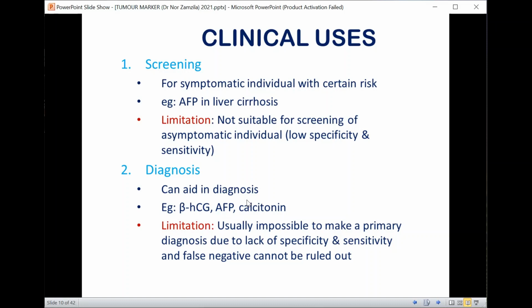So these are among the examples of tumor markers that can be used for diagnosis. However, with this also, you still have to take a lot of precaution whenever you want to interpret the result, because of the lack of specificity and sensitivity of the tumor marker, and also sometimes there could be a false negative.